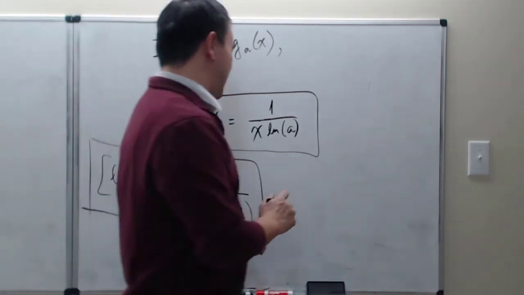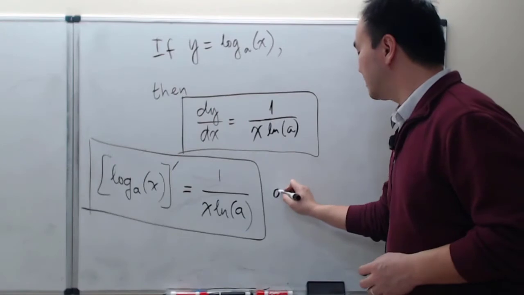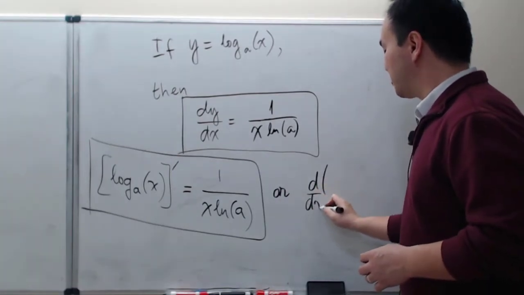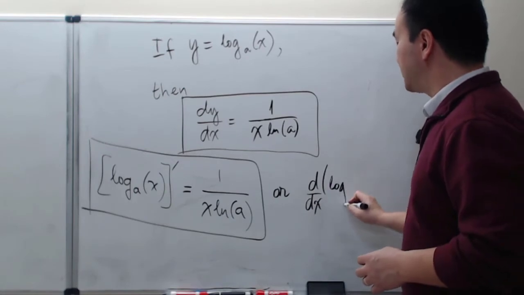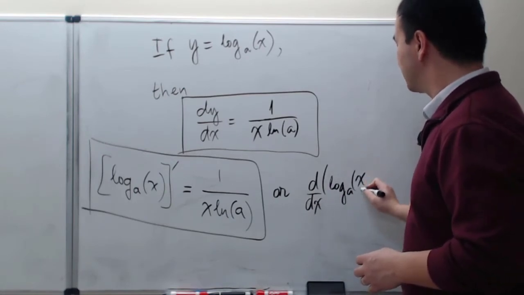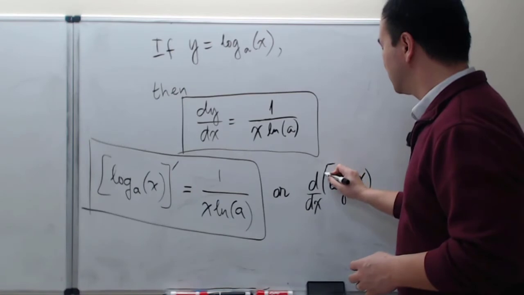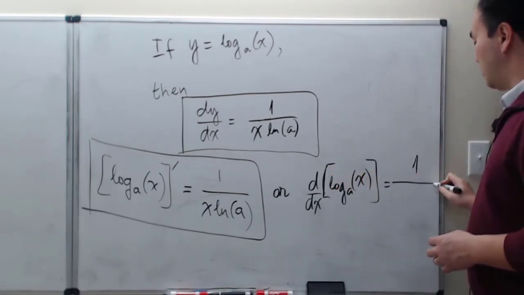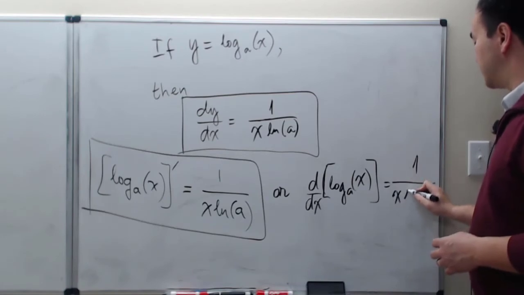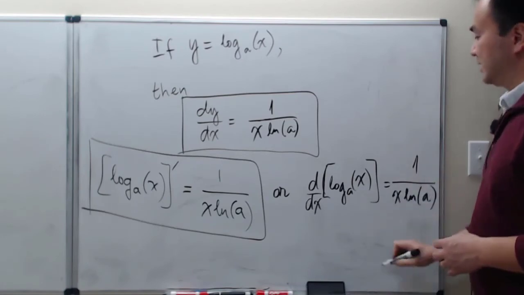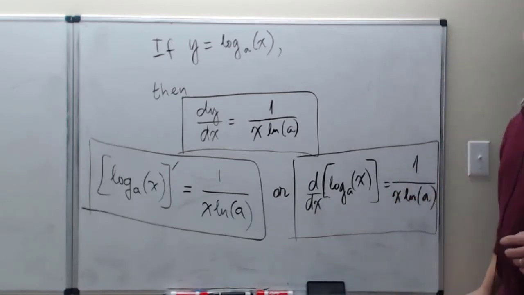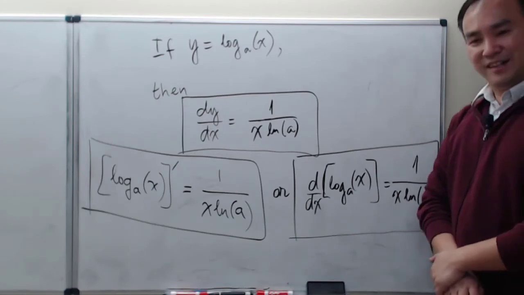Or alternatively, we can go differentiating with respect to x. Log base a of x gives us 1 over x times natural log of a. Three different ways to write your rules for taking derivatives of logarithms, not only the natural log.